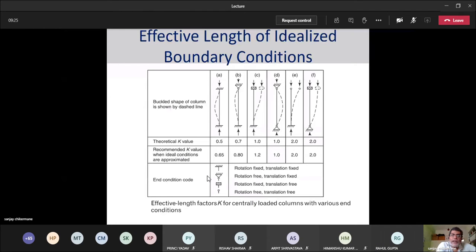And at somewhere approximately 3/4 of the line up is again where you have got zero slope. So the theoretical length here is 0.7L.